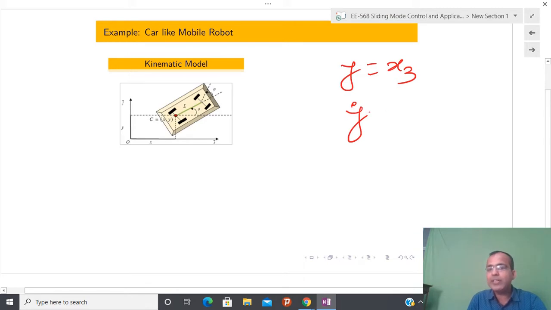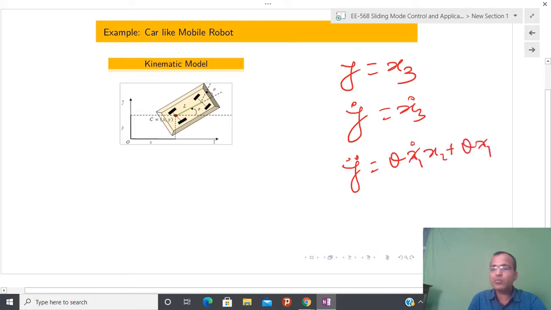After calculating y dot I have x3 dot, and here the control will not appear. After that I calculate y double dot, where terms like theta x1 dot x2 plus theta x1 x2 dot come into the picture, because I am assuming theta is constant.